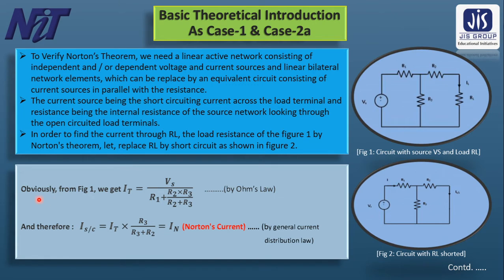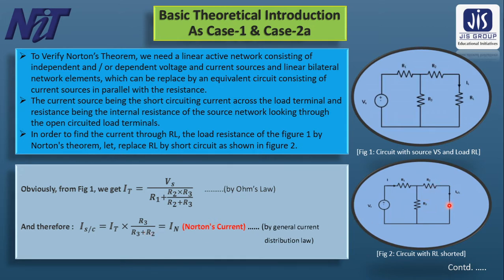From figure 1 we can very easily get the total current IT equals Vs divided by the entire resistive network, achieved by Ohm's law.